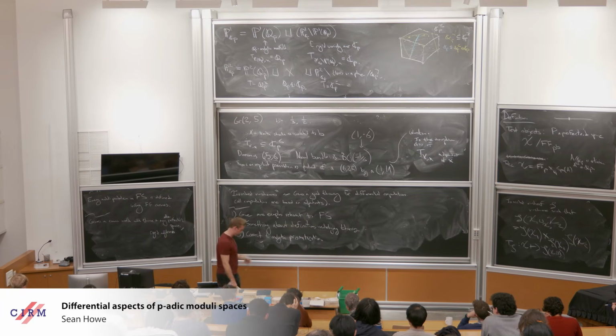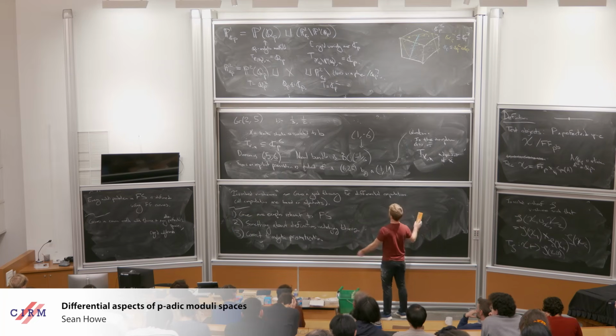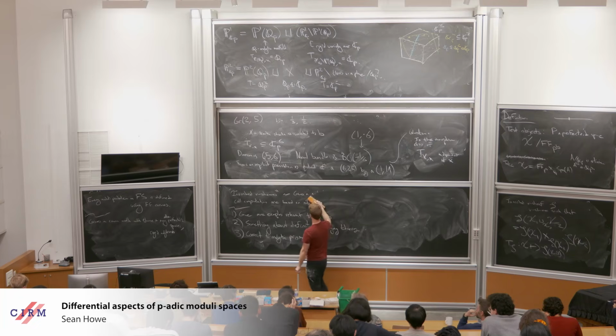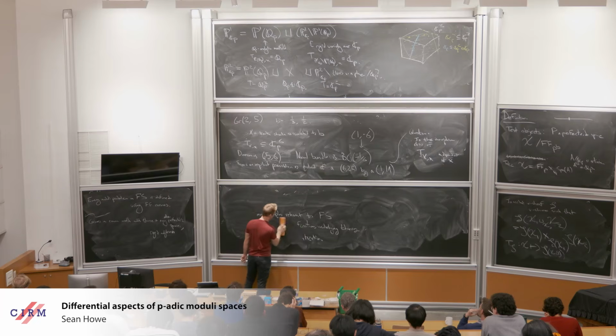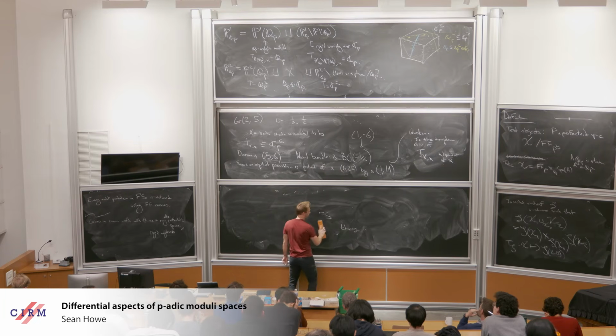So in this paper that I mentioned, I introduced this functor that goes from Q_p local systems to these things called inscribed twistors on these relative thickened Fargues-Fontaine curves.